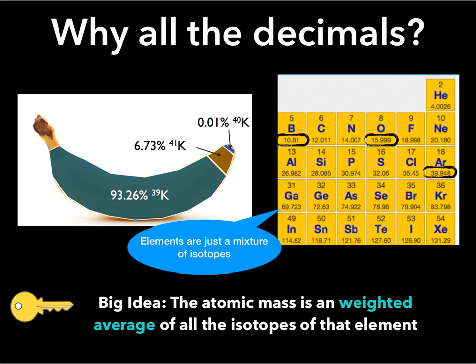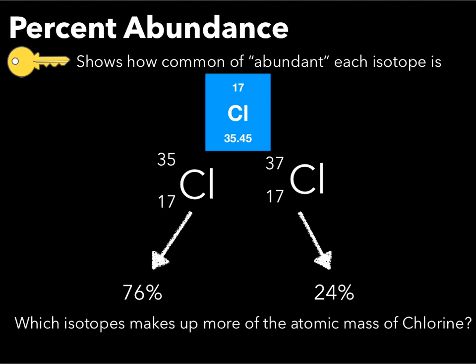When you take a look at the periodic table, this is an example of chlorine. These are two isotopes. We want to ask ourselves which isotope makes up more of the atomic mass of chlorine. Chlorine 35, we have 76% of those in nature, and chlorine 37, we have 24% of that.